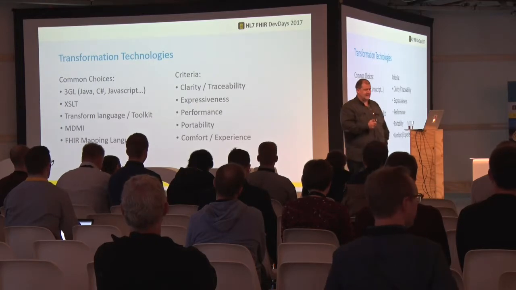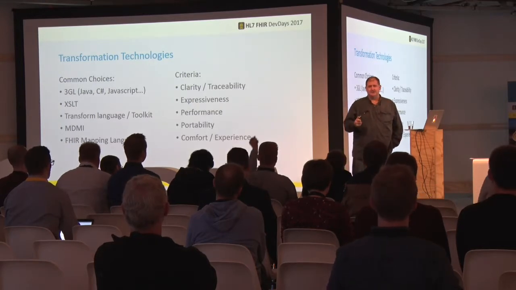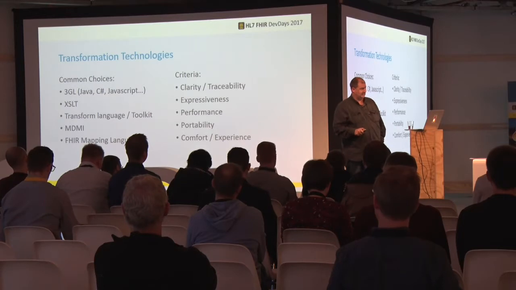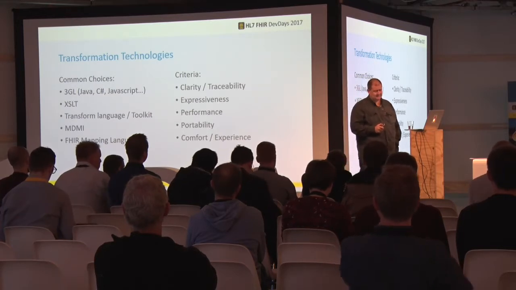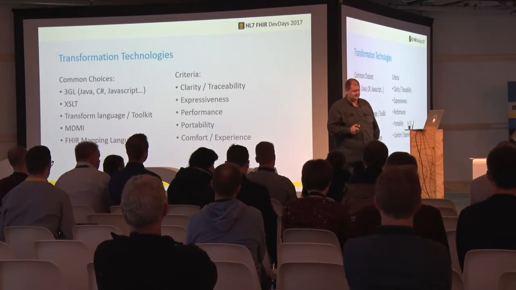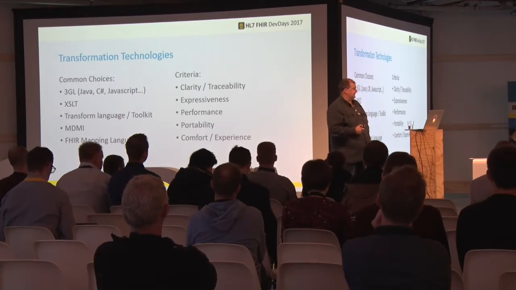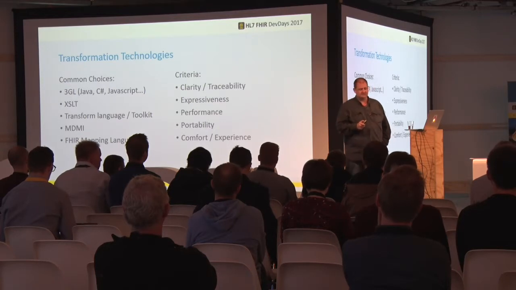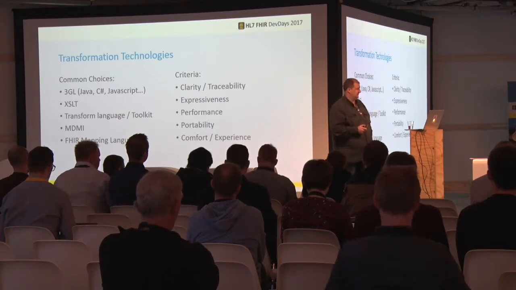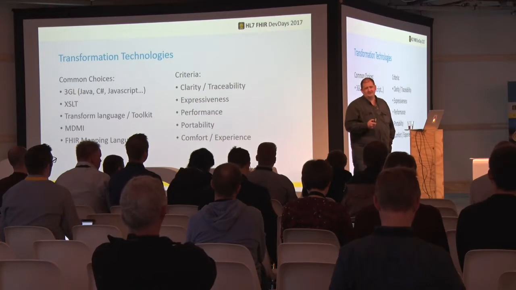And you need to actually be able to express the transforms you need to make, and they can get pretty complicated. When we were working on the FHIR mapping language, Lloyd and I and a few others actually made a requirements list of abstract requirements for transform languages. And some of them are really simple. You need to be able to rename fields. Yeah, that's pretty obvious.